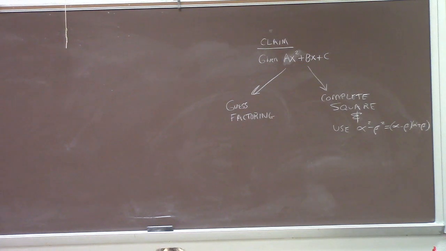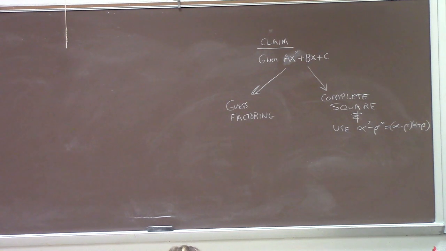All right, guys. So here's the algorithm. Number one, given x squared plus bx plus c, I'm putting a equal to 1.